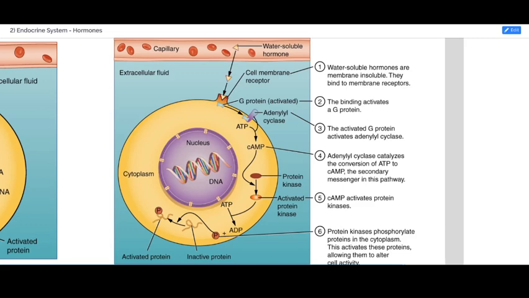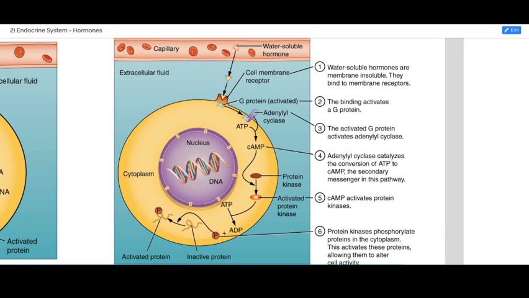Some sources will refer to it as adenylate cyclase, which, using the hydrolysis capacity of the G protein, will hydrolyze ATP to AMP, and then adenylyl cyclase cyclates AMP, which is just to say it makes the molecule into a circular or cyclical structure. That structure is not terribly important, but it just happens to be what that particular molecule is. And then cAMP, cyclic AMP, will go throughout the cell and have effects.